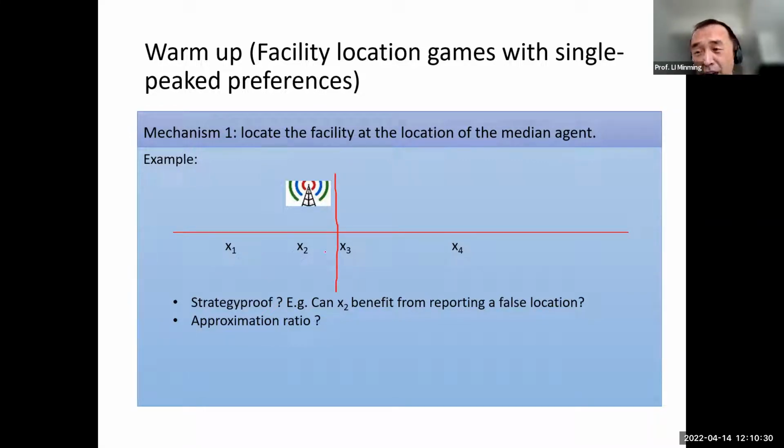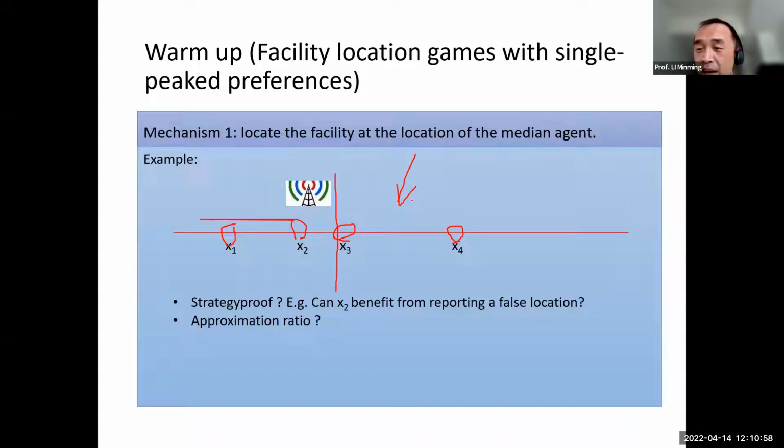To make the analysis more rigorous, it should be something like this. You usually pair up agents: the two extreme agents, and then the second-last extreme ones. So you pair 1 with 4, and 2 with 3, and ask where to put the facility.